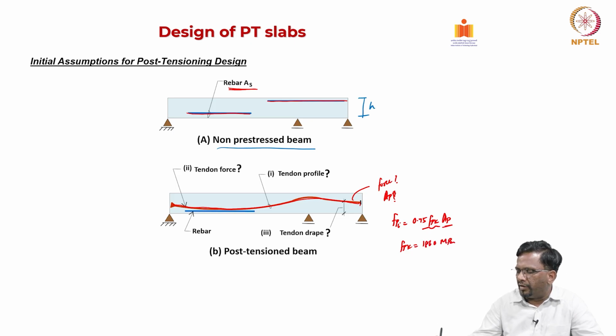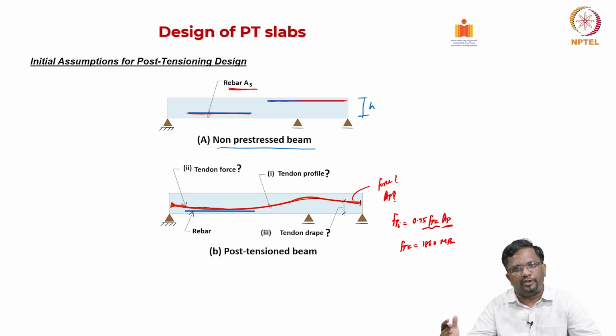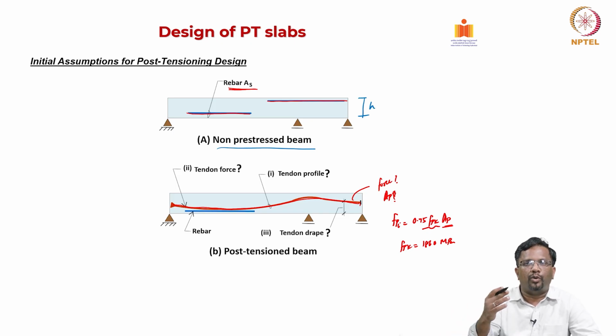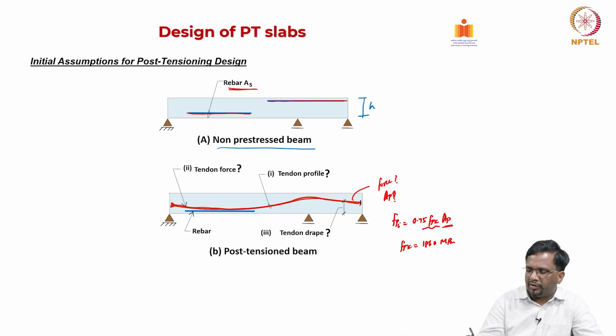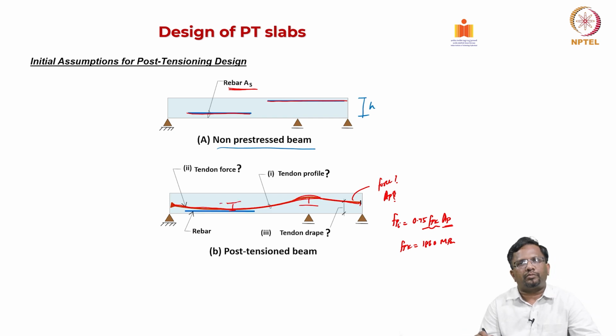So, from here we find the amount of pre-stressing steel. In addition, we also look at the profile of the cable, which will keep changing depending upon the loading. That is the reason you see a cable profile with the eccentricity above the CG at the support, and below the CG at mid-span.